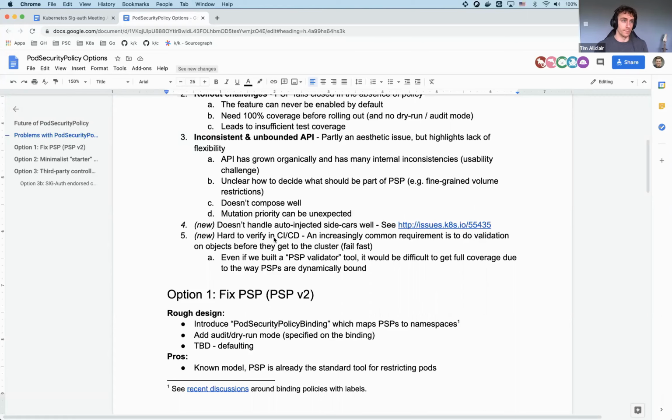So even if we were to build some sort of tool that could run admission controllers outside a cluster as part of a CI/CD pipeline, pod security policy isn't very effective for that.